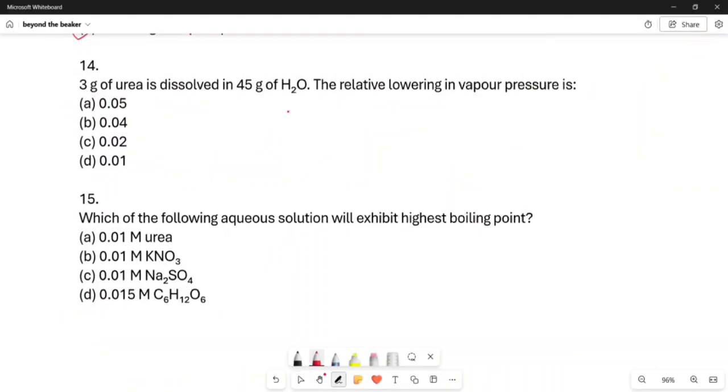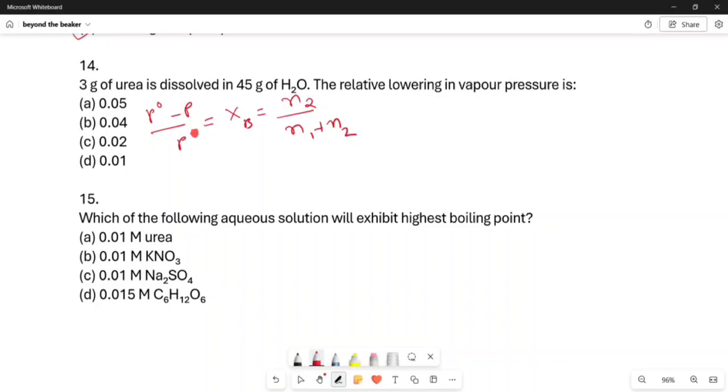Question number 14. 3 gram of urea is dissolved in 45 gram of water. The relative lowering of vapor pressure. Already we know that the relative lowering of vapor pressure is given by N2 divided by N1 plus N2.